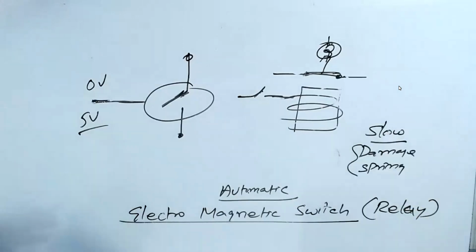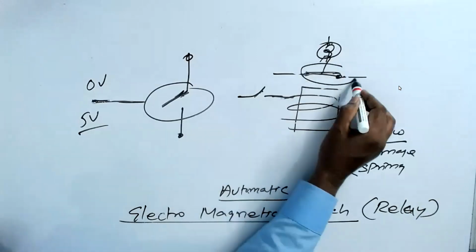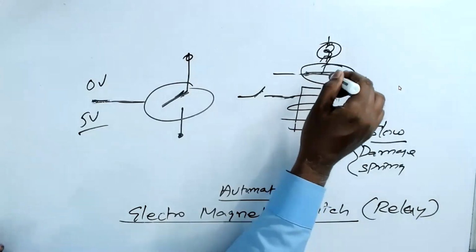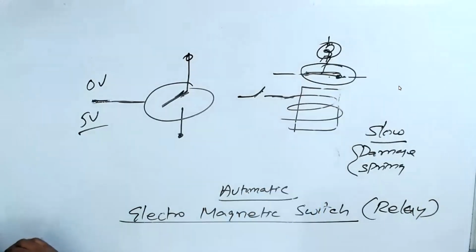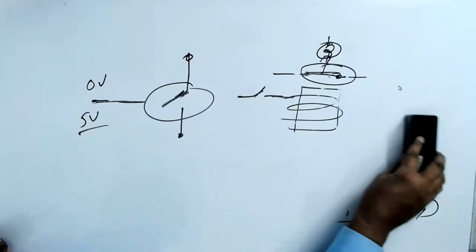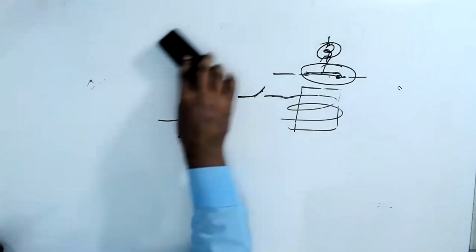But this one is slow. Anything mechanical is slow. So what engineers are trying to find out is, instead of this mechanical one, why don't we start doing an electrically controlled one? That means they don't want the magnet at all. They don't want anything in between.